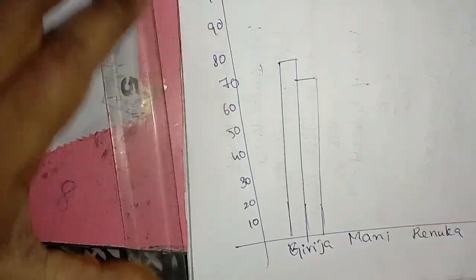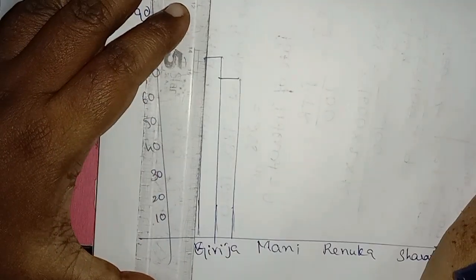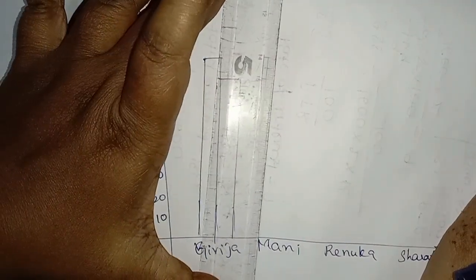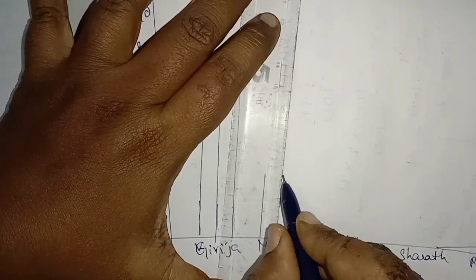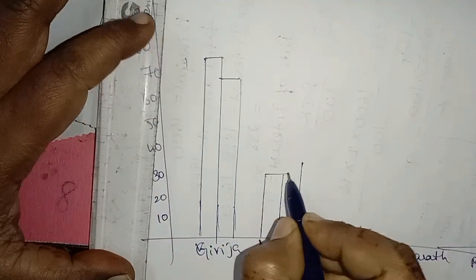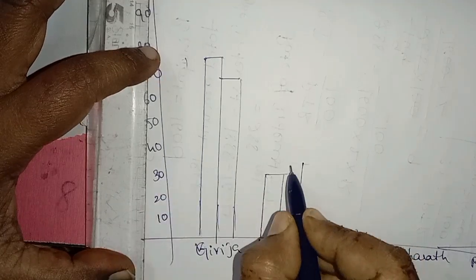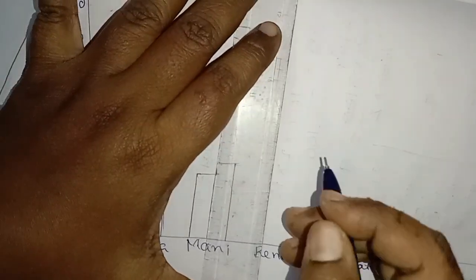Color it with different colors, only two colors. Money got 30 in maths and 35 in science. Like this. Okay, correct. Right. Next, Renuka 70, 65.